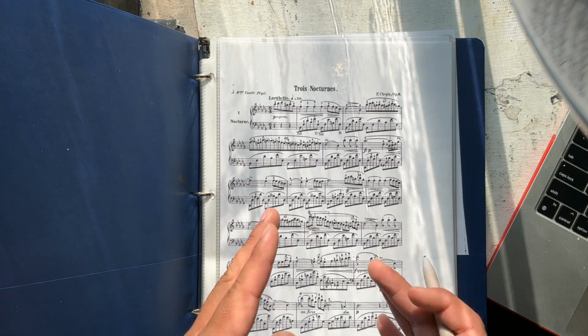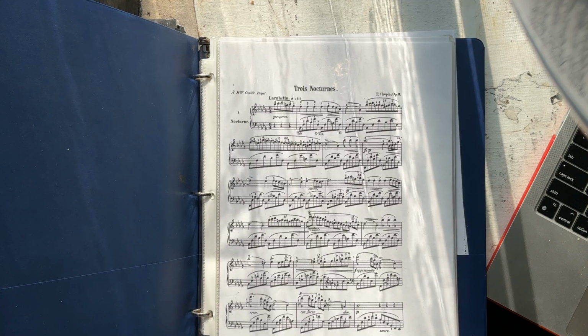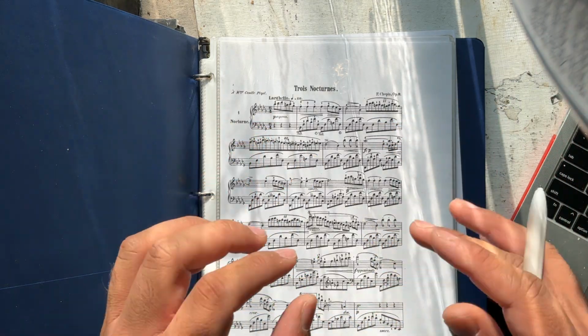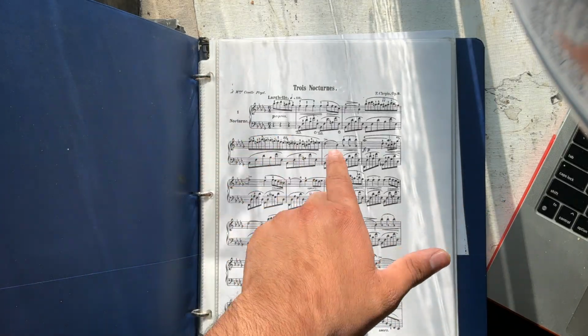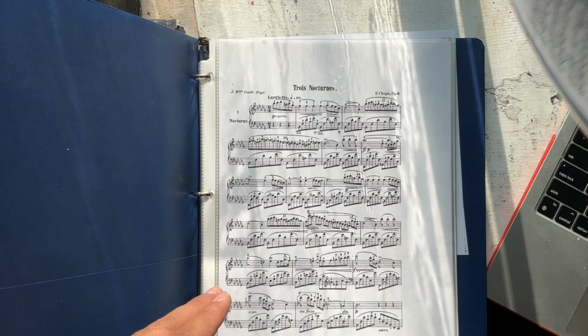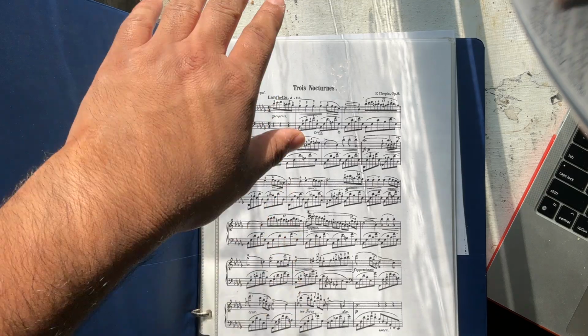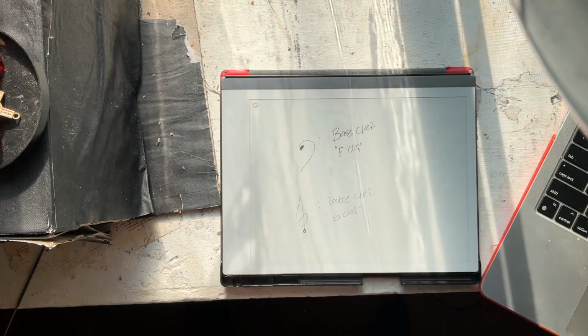In the piano, you have all the registers, the low and the high. The high is played by your right hand and the low is played with your left hand, which is why we are able to read both of these at the same time. So the piano, the organ, and any orchestral score is going to have a lot more clefs, but we're going to get to that later on. Right now we will focus on these two.